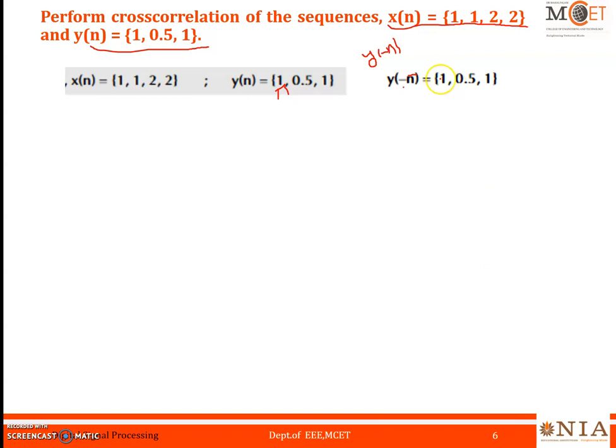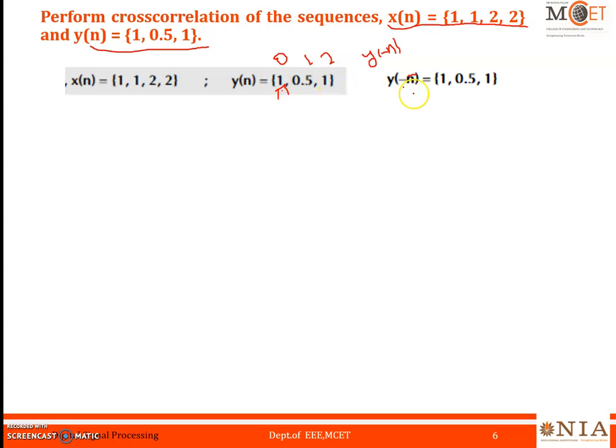That's the way you will have it. So this is the value you will get. Why? Because this is at 0, this is at 1 and 2.